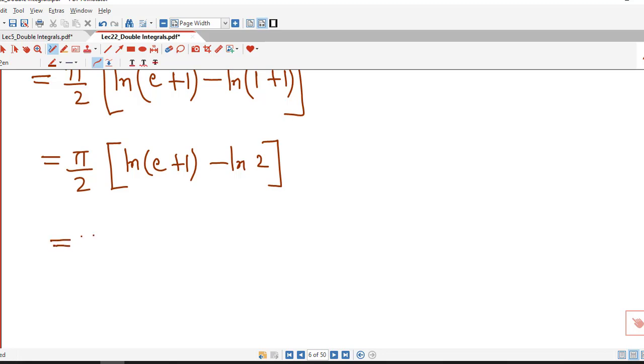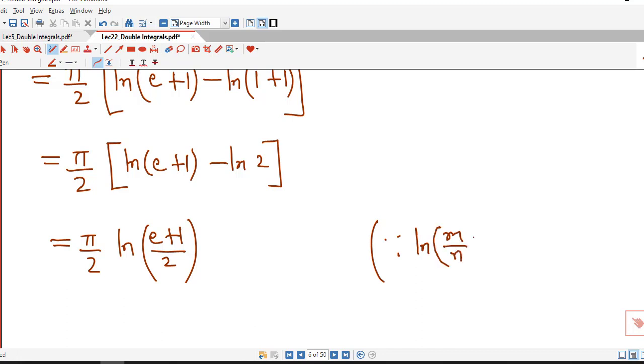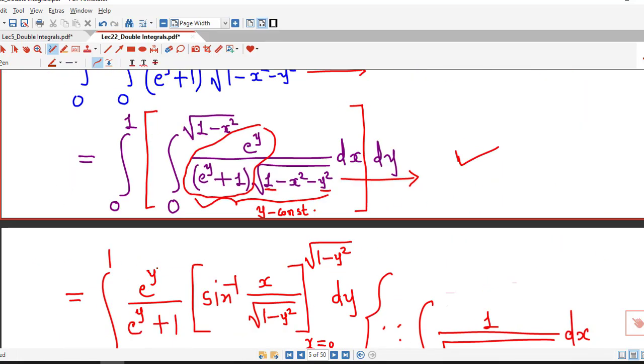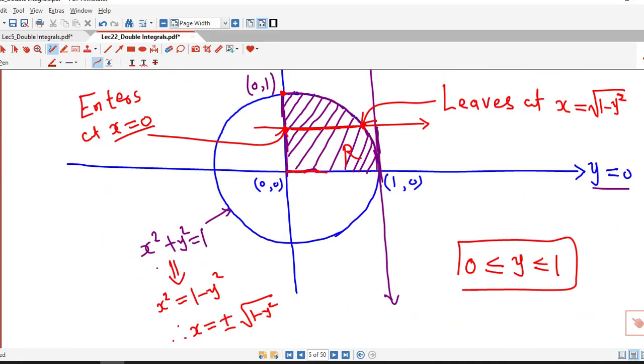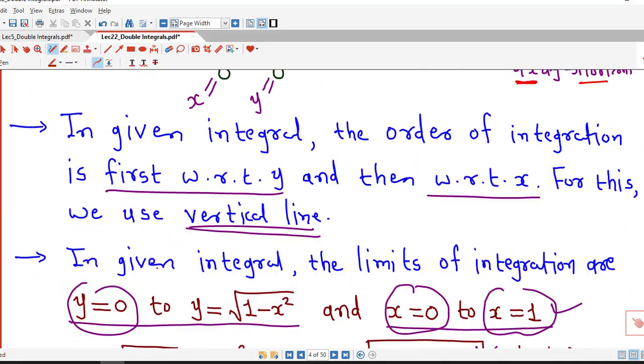Using the property of logarithm, we obtain log of e plus 1 divided by 2. Here we are using the property of logarithm: log of m by n is nothing but log m minus log n. So we are using it in reverse direction: log e plus 1 minus log 2 equals log of e plus 1 divided by 2. So this is the value of the given double integral after changing the order of integration.